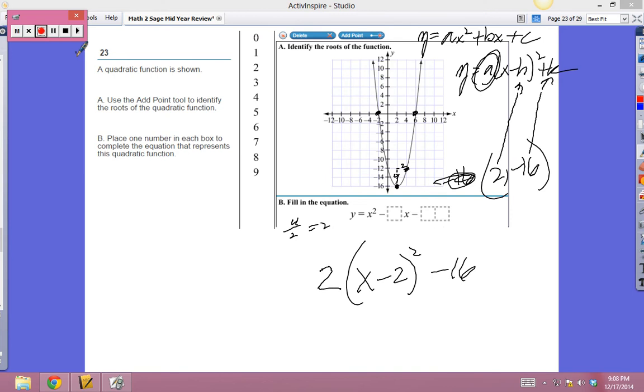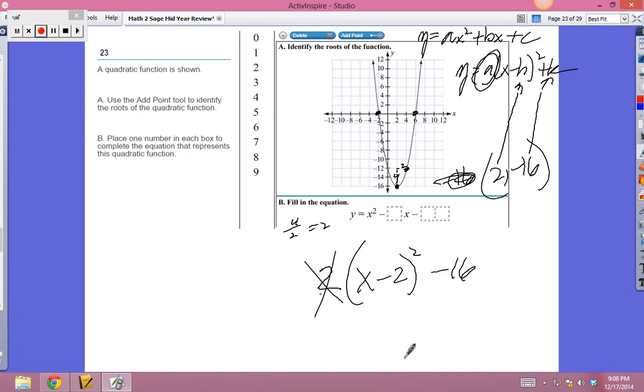Okay, so it's a good thing I did that because that's not right. This can't be 2. I tried it with 2 and it does not cross at 5 and -2. So it's not 2. Your slope, the rise over the run, the run always needs to be 1.